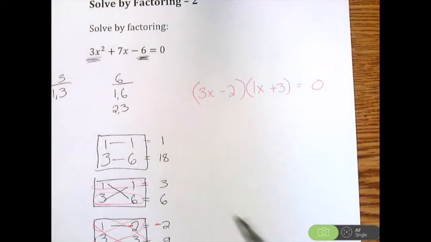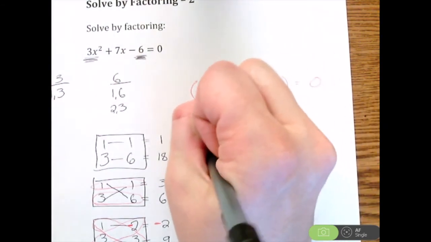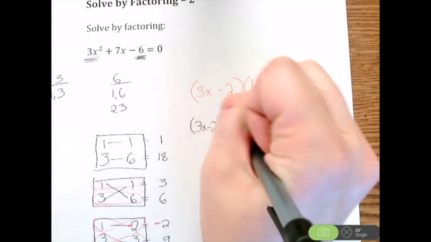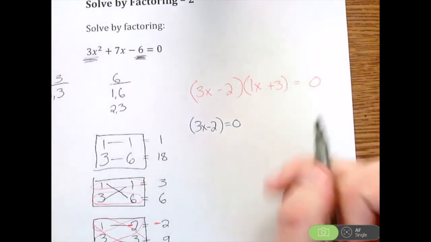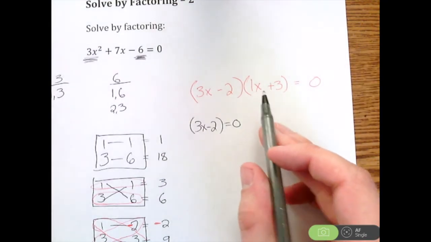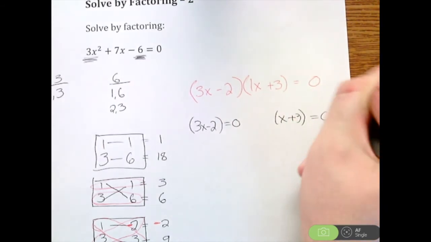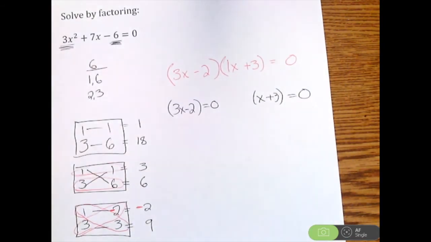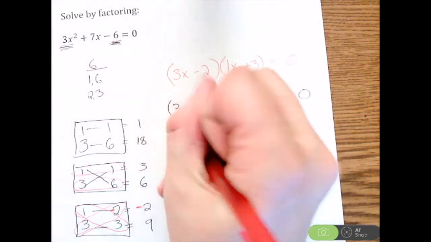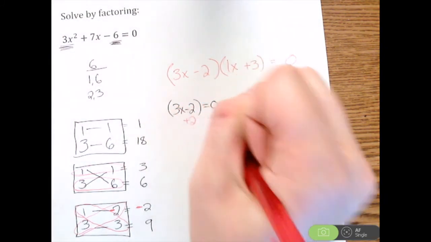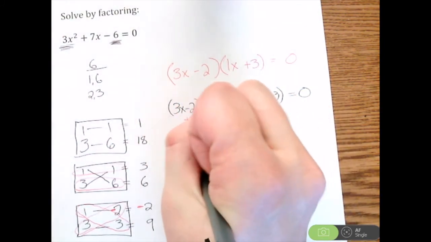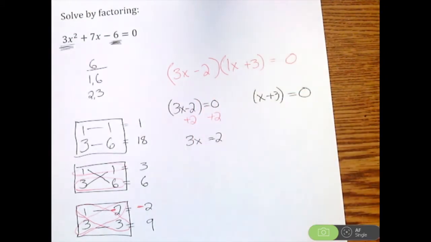Now remember, once we're factored, we take each factor, 3x minus 2, and set that equal to 0. The other factor, 1 times x, is just a plain old x, so x plus 3 is set equal to 0. Then all I have to do is solve each of these for x. On the left one, I add 2 to both sides, so 3x is equal to 2.